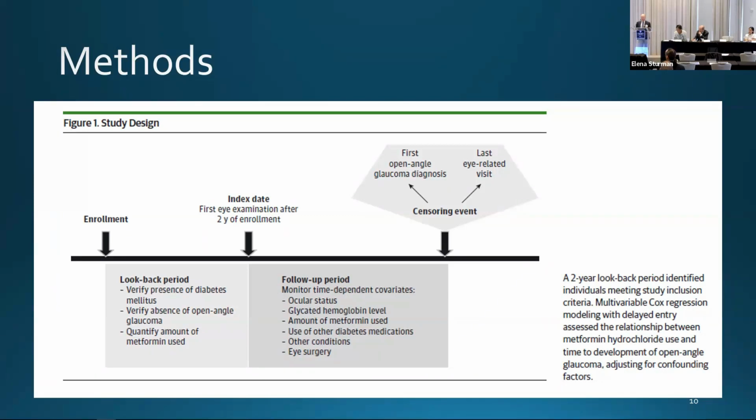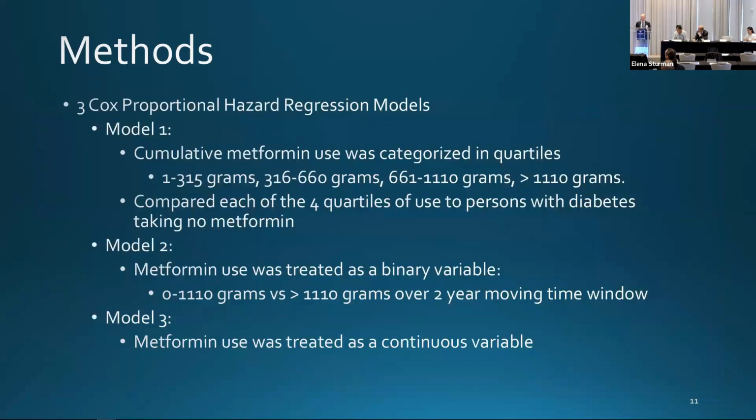Then we followed them after the look-back period, and we monitored their ocular status, their hemoglobin A1C, how much metformin they were consuming, use of other diabetes medications, as well as other ocular and non-ocular conditions. And then we censored patients when either they developed glaucoma or at their last visit to an eye doctor, which would presumably be their last opportunity to get glaucoma.